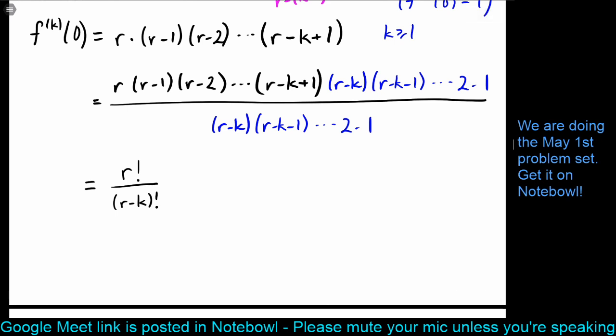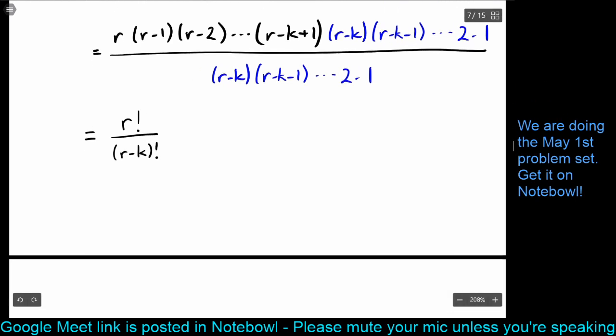R minus k factorial? Yep. So, whenever you have this list of numbers from a number down to a certain point being multiplied together, this is where the beauty of factorials comes in, because we can just fill in the missing pieces and then just divide by that extra stuff we added in.